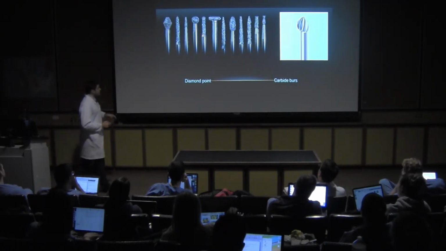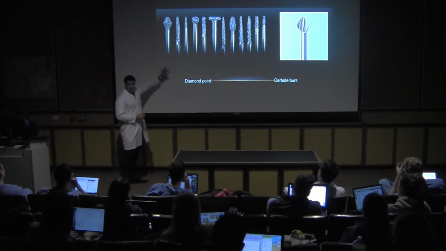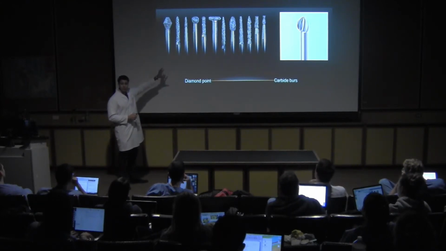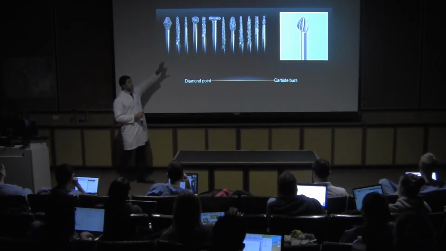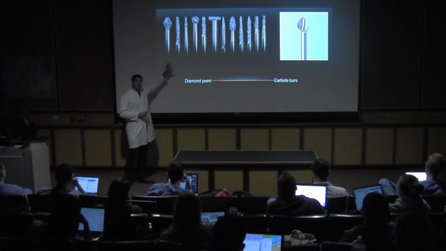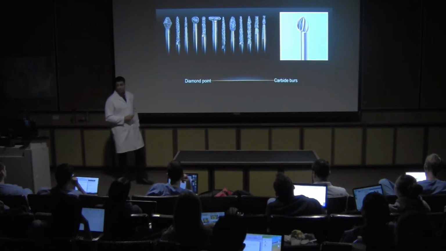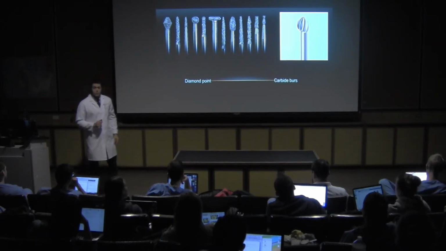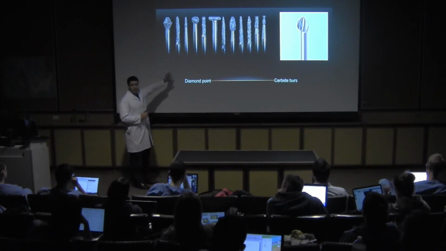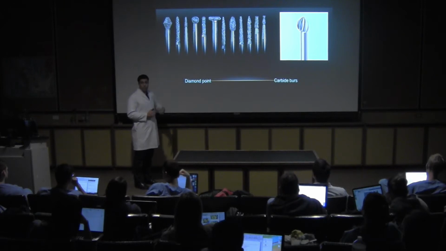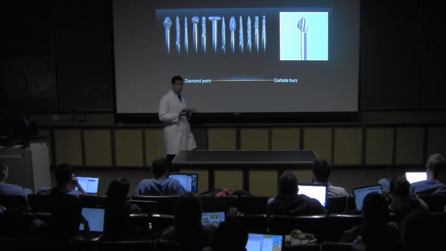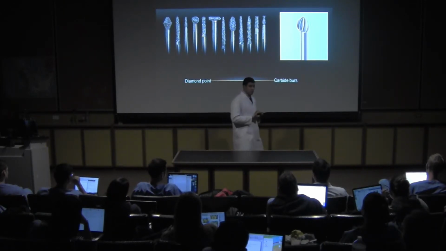So here we see that on diamond points, we have attached to the metal, the steel, the diamond. And the diamond is longer-lasting than our carbide was. So once we have large cavities here, we need a rotary instrument that is long-lasting.